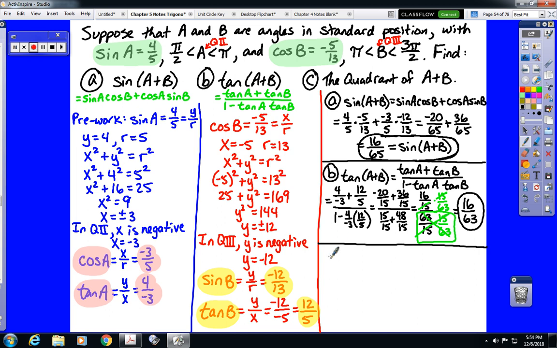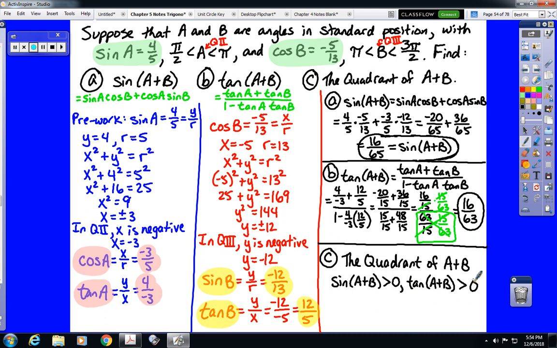The reason I mention that they're both positive numbers is because the third part asks us to figure out the quadrant in which A plus B terminates. Well, our sine of A plus B is positive, and our tangent of A plus B is also positive. Now back in a much earlier part of the semester, we came up with the signs of our trig functions based on what quadrant they're in.